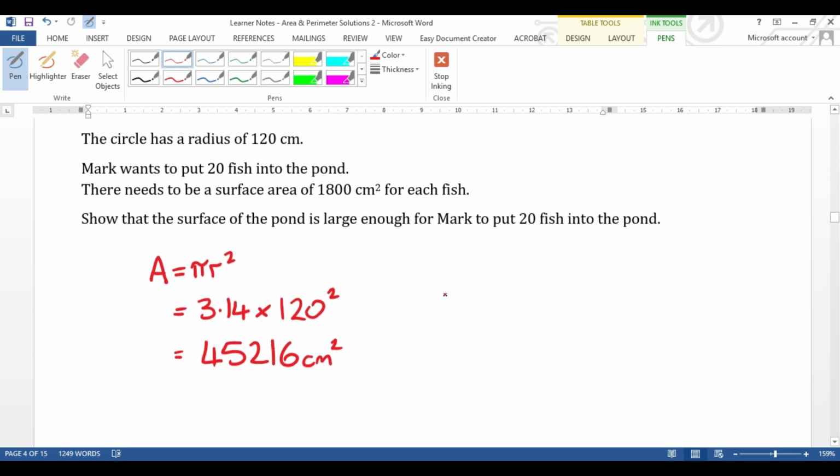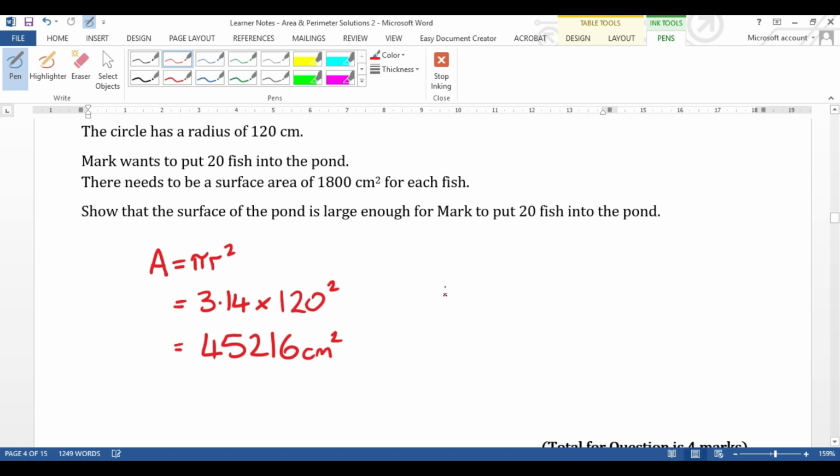Okay, now there's a couple of ways you can do this next bit. What you could do is find out what he has. This is what he's got. What does he need? Well, he needs 20 fish. Each fish needs a surface area of 1,800, so 20 times 1,800.